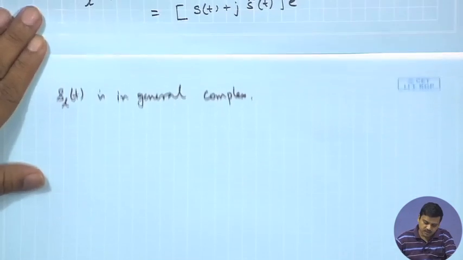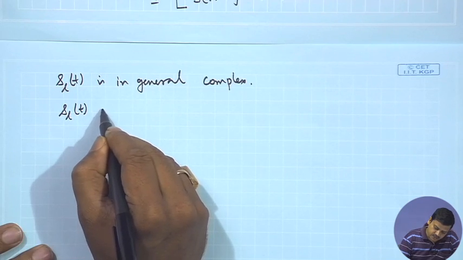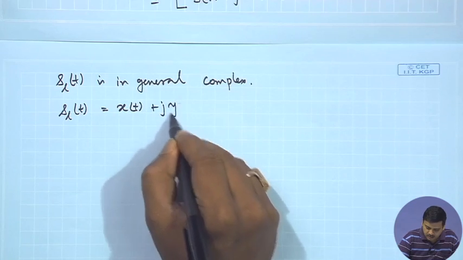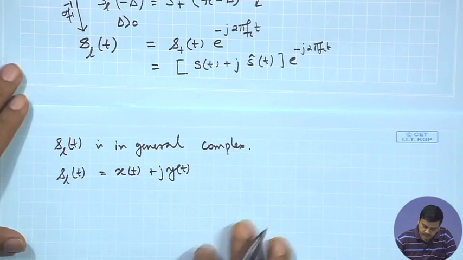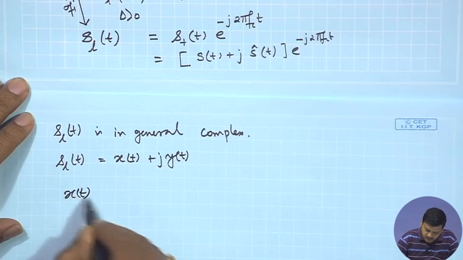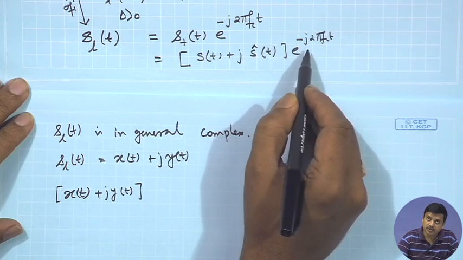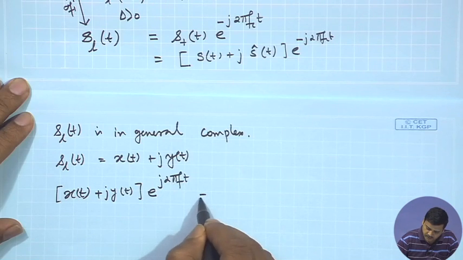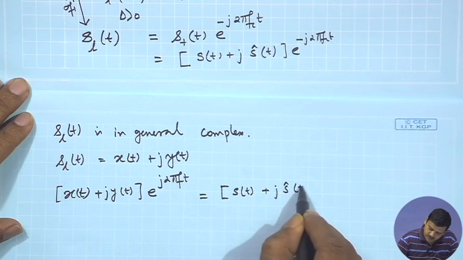It is a complex signal in general, and then you could write S_L of t as x of t plus j y of t. If this is so, then you could equate the terms. If I take this exponential, e to the power of j 2 pi f_c t, on this side, then x of t plus j y of t times it is equal to S of t plus j S cap of t.